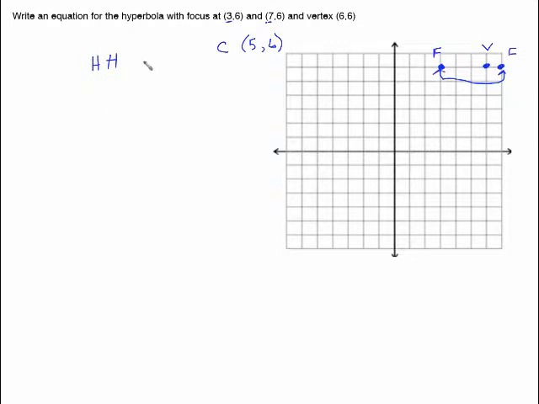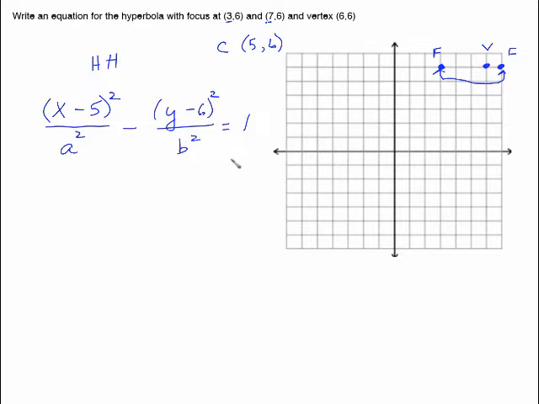We have decided that it is a horizontal hyperbola with a center at (5, 6), so I can go directly to this, save myself a little bit of writing, over a squared minus (y - 6) quantity squared over b squared equals 1. And all that's left is for me to figure out what these distances are.